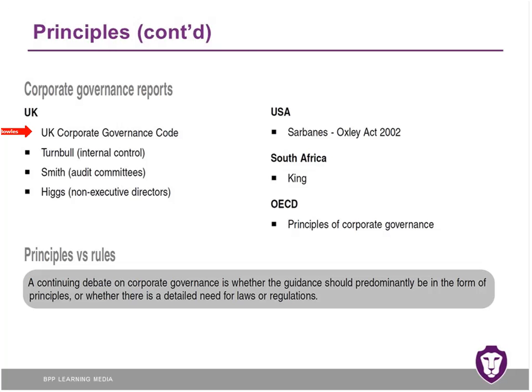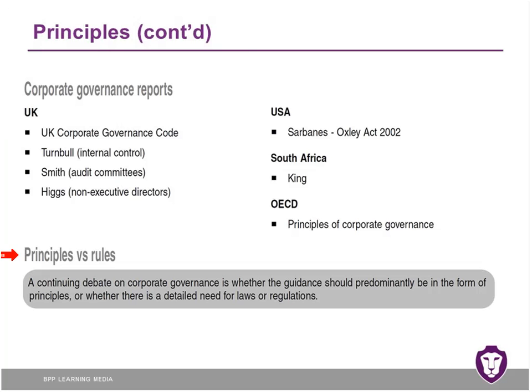The key thing in this particular area that you need to know is the difference between a principles-based system and a rules-based system. So Neil, tell me what's the difference between them. Can you say that again? Okay. In corporate governance, there's two types of systems generally in place in the developed Western world.